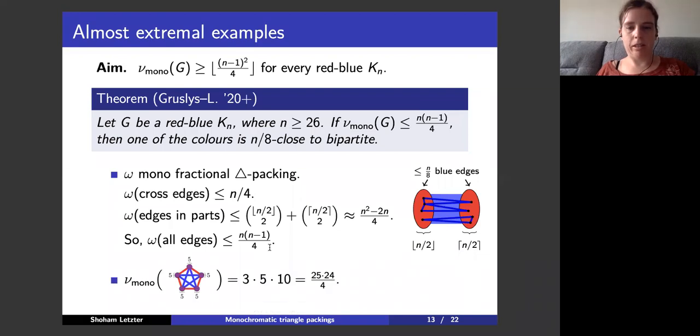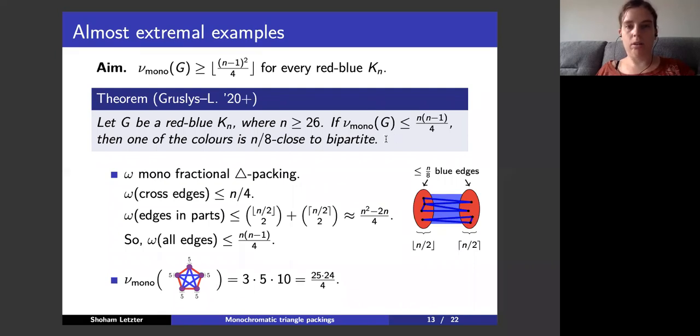And again, we have the same enemy, the pentagon blow-up, which tells me that this is not true for smaller n. So for n equals 25, the balanced pentagon blow-up gives me this expression, but neither of the colors is close to bipartite.